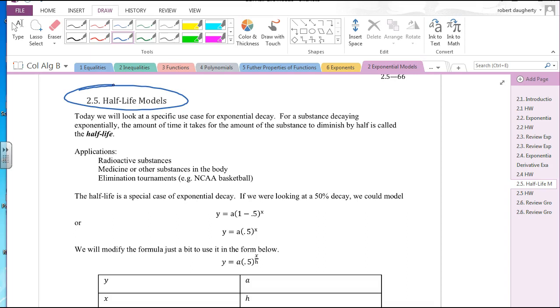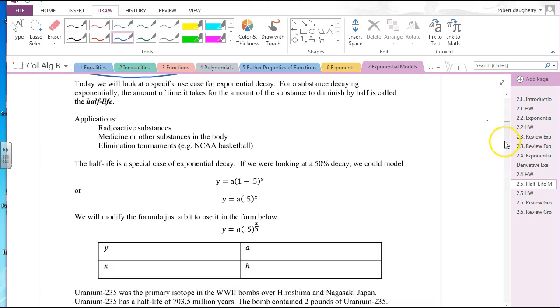So really, if I had a model that looked like this, 1 minus 0.5, what's the decay rate when you look at that? This is decaying by what rate? Well, 0.5, but I call it in percent.